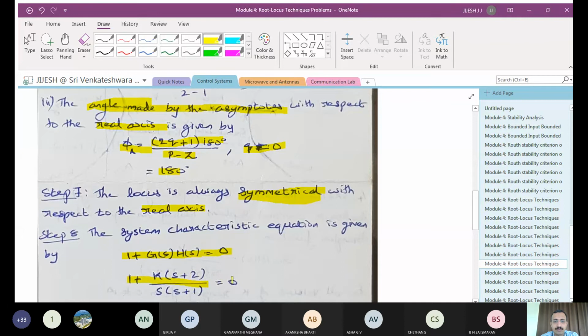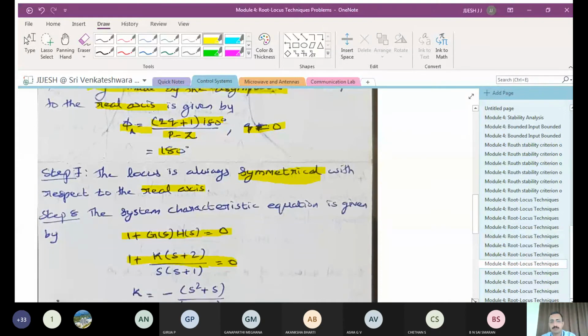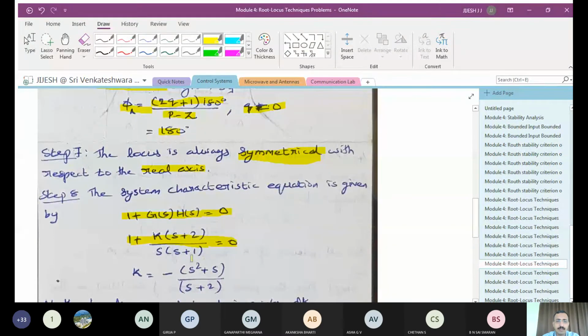Simplify that. When you simplify, you end up with an equation, so you get the value of K. K will be equal to minus (s square plus s) divided by (s plus 2). All of you can do that.